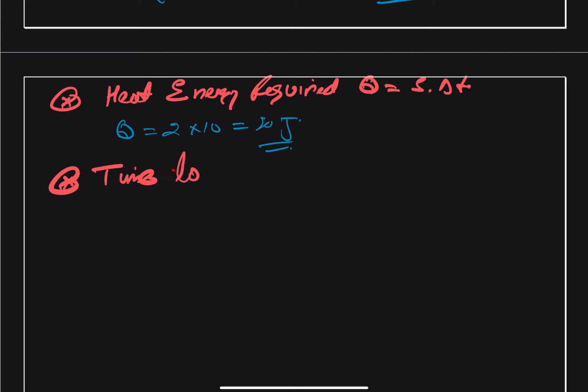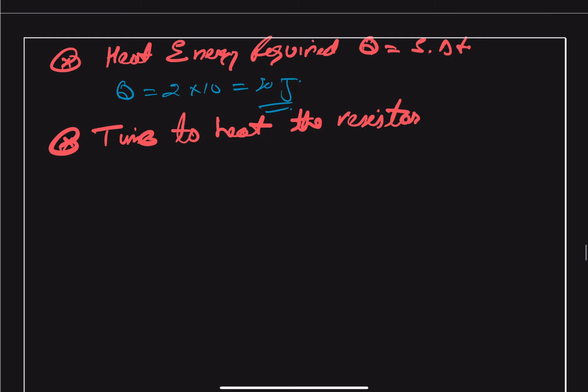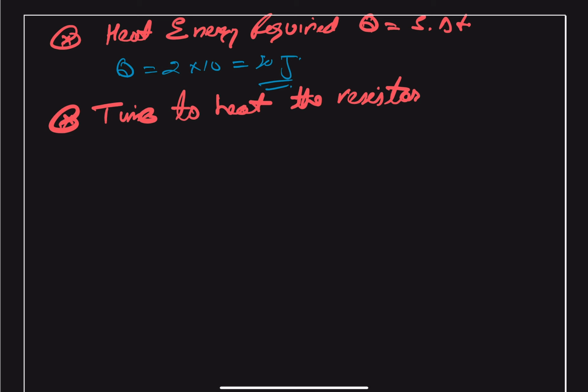Time to heat the resistor. In this case we are going to use the definition of power. So we can say power is equal to heat energy required divided by time.